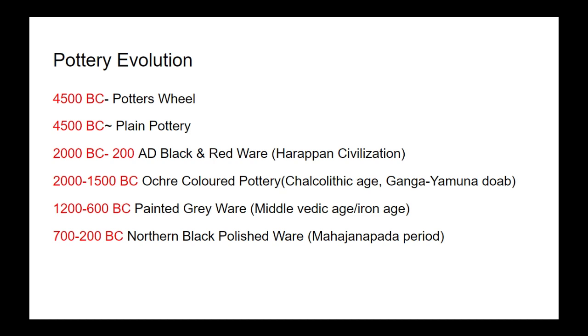From 1200 to 600 BC, we get painted grey ware pottery, and it was Middle Vedic age pottery or Iron Age pottery. From 700 to 200 BC, northern black polished ware was the prevalent pottery, and it belongs to the Mahajanapada period.